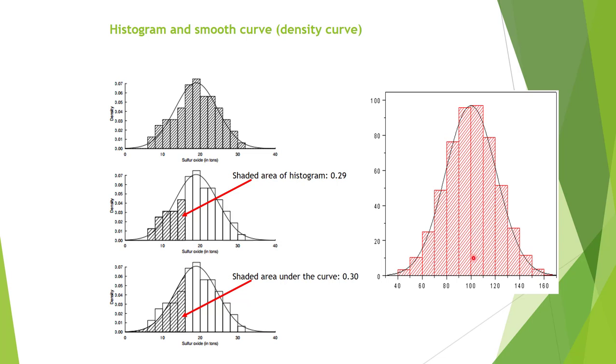Did you see the central line here? Imagine if you fold your histogram along this line, your histogram will overlap perfectly. Means the left-hand side and right-hand side will be the same.